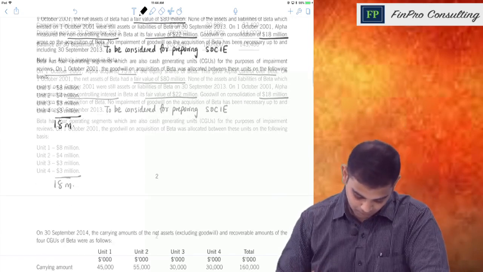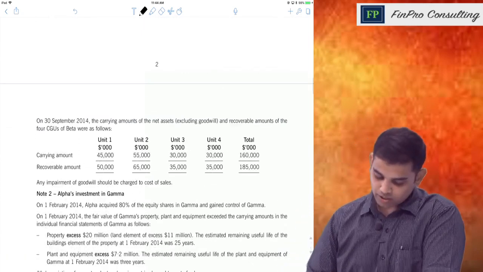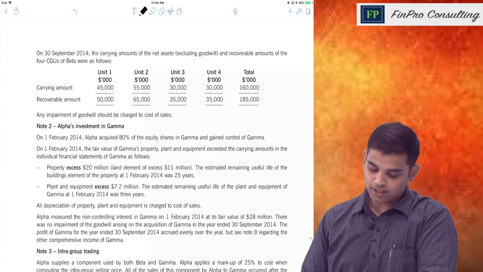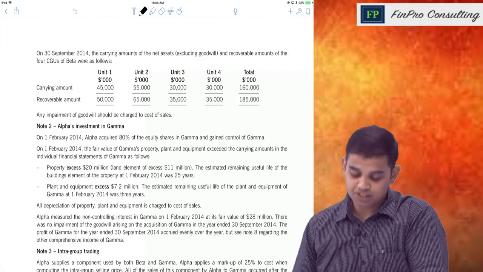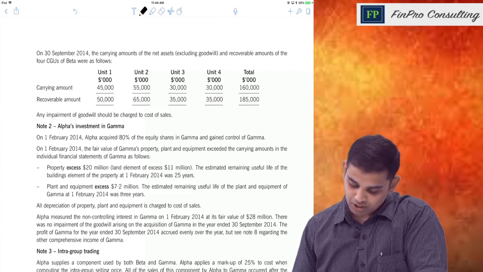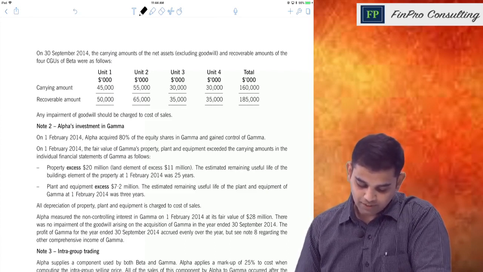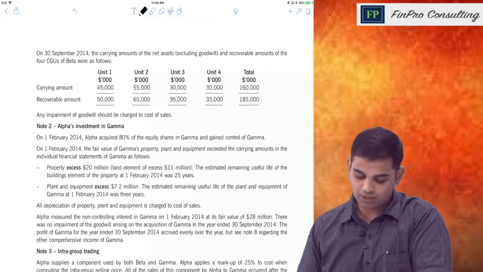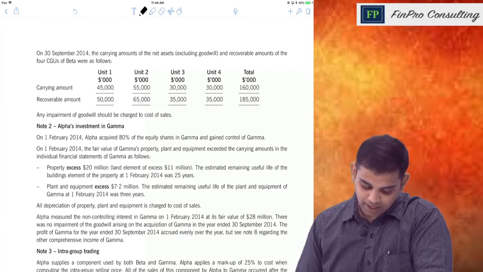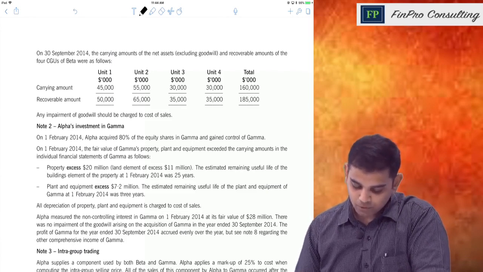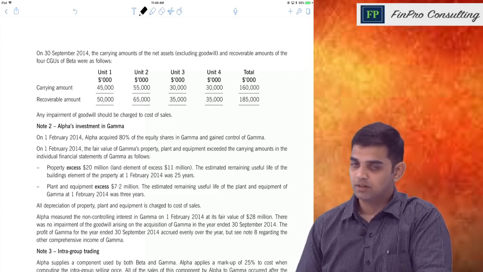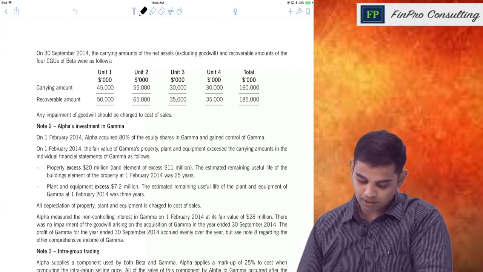Now, on 30th September 2014, the carrying amounts of the net assets excluding goodwill and recoverable amounts for 4 CGUs of Beta were as follows. So they have given carrying amounts and recoverable value for all the 4 units, and they have said any impairment of goodwill should be charged to cost of sales. So how do you calculate the impairment amount?